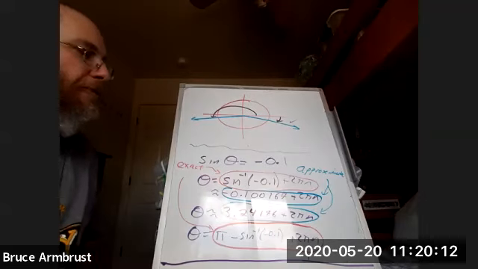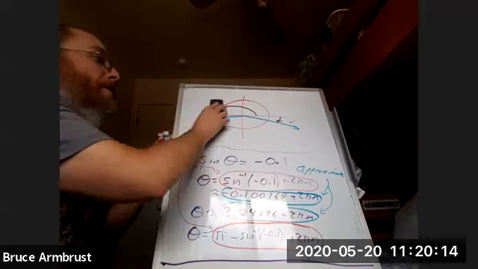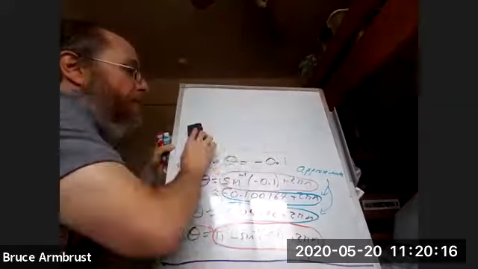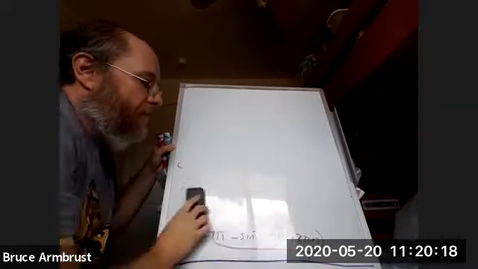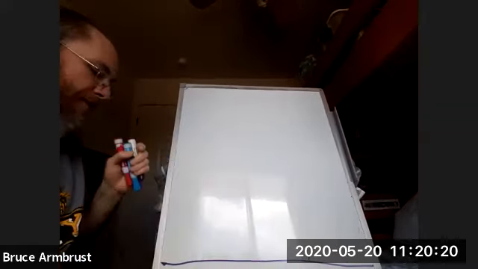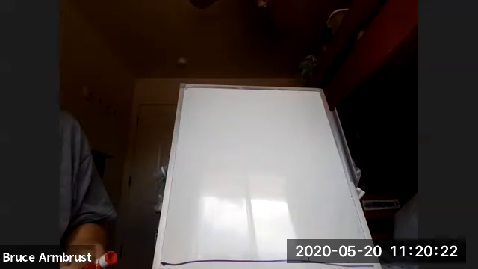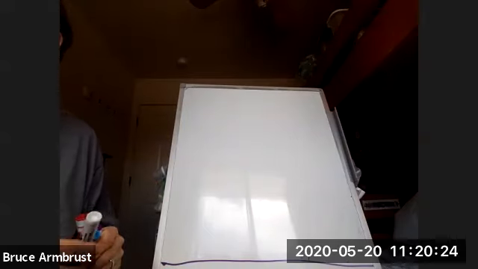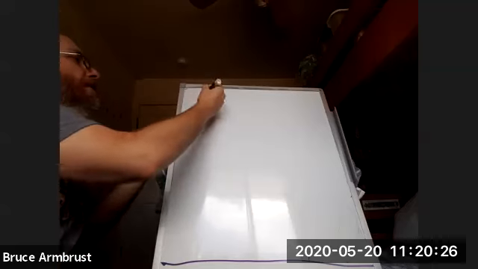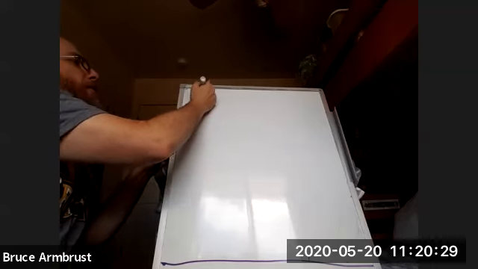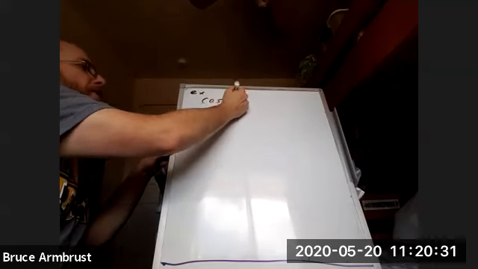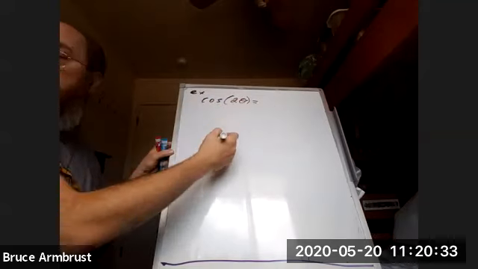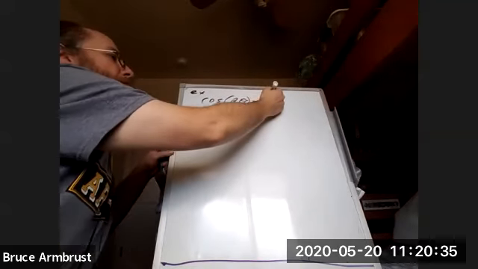We have to allow for things that are a bit more complicated. And so we need to be able to deal with things that look uglier. So let me give you some examples of what I'm going to talk about next. What if instead of just theta, we had something like cosine of 2 theta equals negative root 2 over 2?